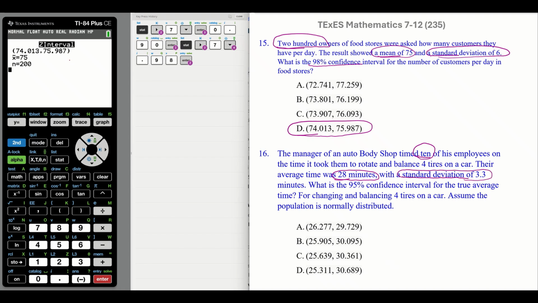What is the 95% confidence level for the true average time for changing and balancing 4 tires? Assume the population is normally distributed.